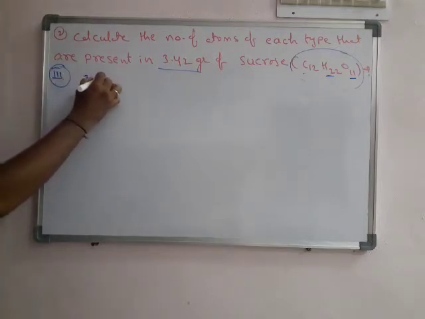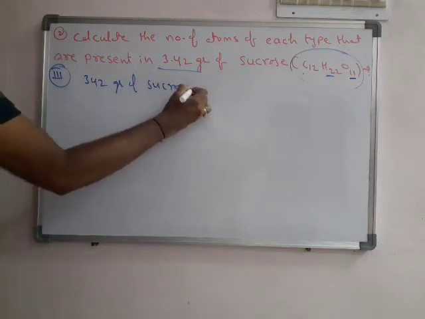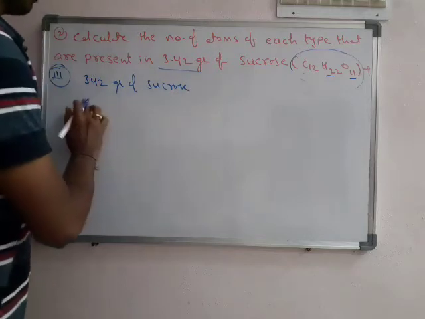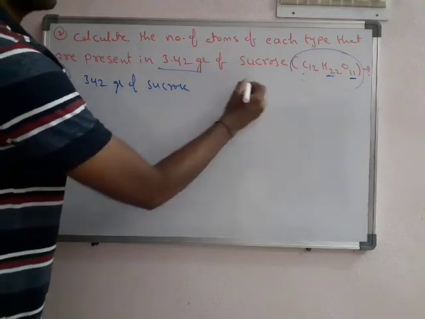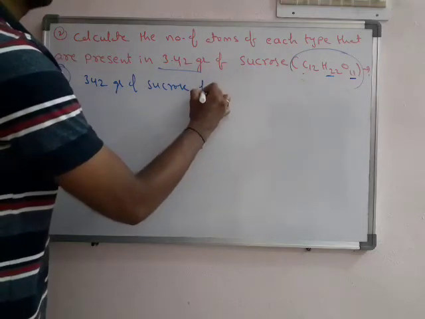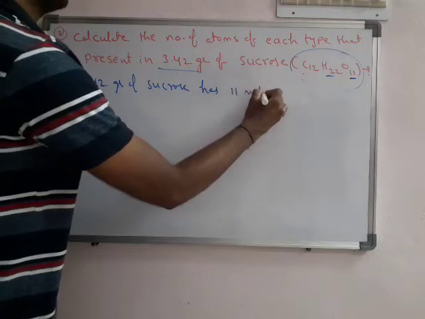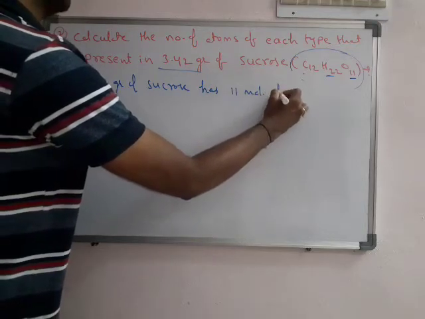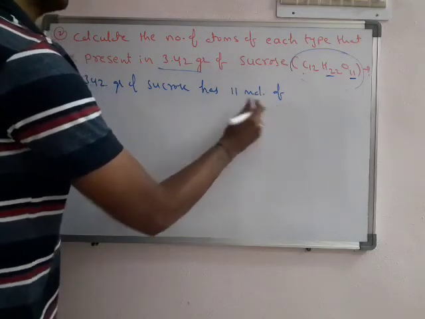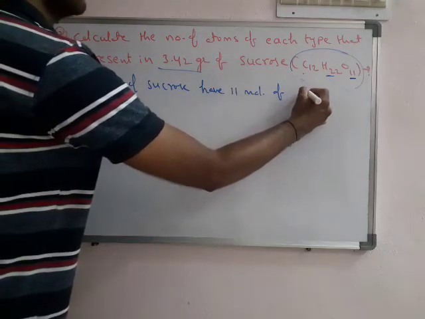So already we know 342 grams of the same problem, sucrose. Now 342 grams of sucrose has how many moles of oxygen? Sucrose has 11 moles of oxygen.